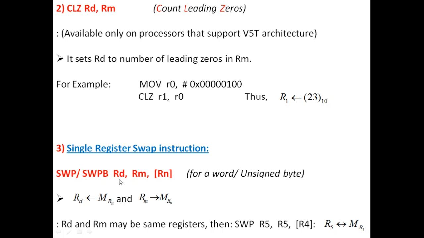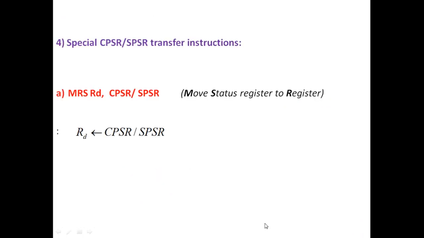Now in this case your RD and RM can be same registers. Okay, for example, if I give the instruction like this, swap R5 comma R5 comma say square bracket R4, then you can see that effectively the content of this memory location pointed by R4 and content of R5 will be swapped with each other. Okay, so that's a swap instruction.